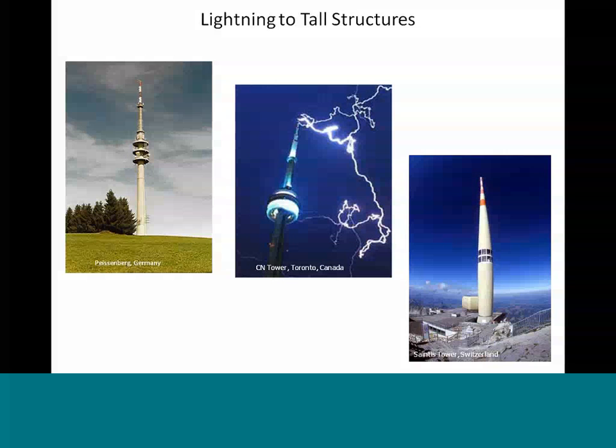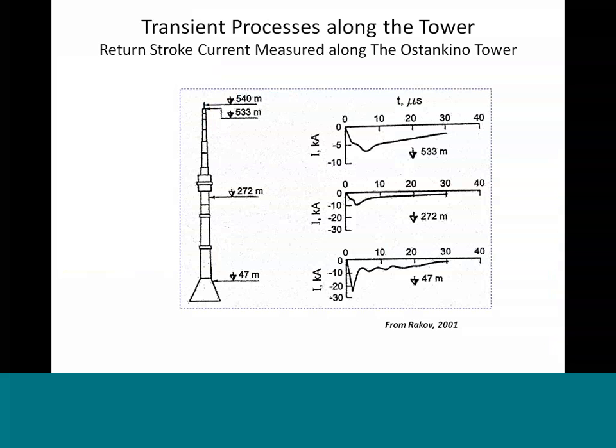This is a transient process along the tower. When the tower is struck by lightning, one of the most important phenomena is how to characterize the transient phenomenon inside the tower, because the tower is struck by lightning at the top and the current travels downward and upward along the tower.